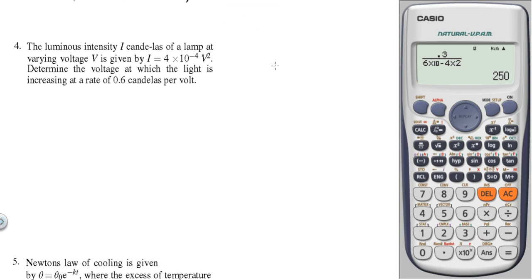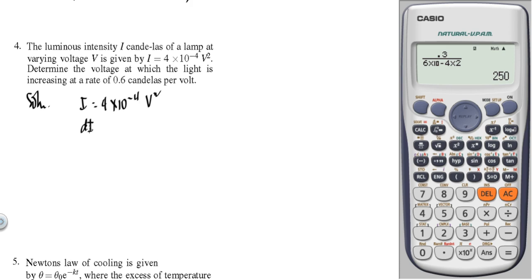The luminous intensity I, candelas of a lamp at varying voltage V, is given by the equation I is equal to 4 times 10 to minus 4 V square. Determine the voltage at which the light is increasing at a rate of 0.6 candelas per volt. It's the same as number 3B. Same lang din. So, solution, the equation is 4 times 10 to minus 4 V square.